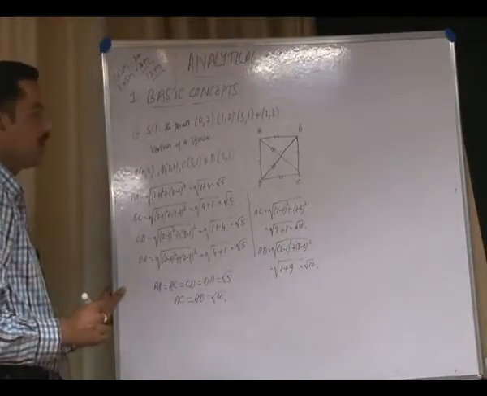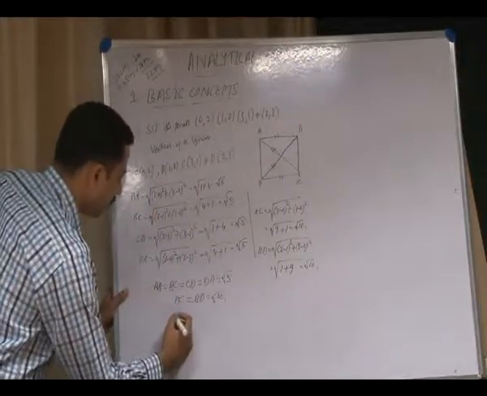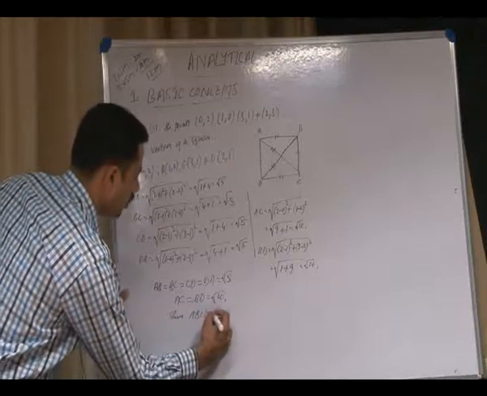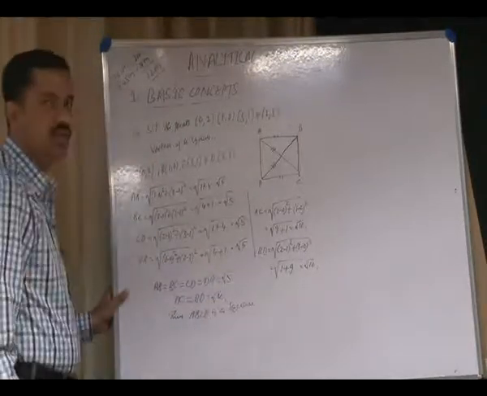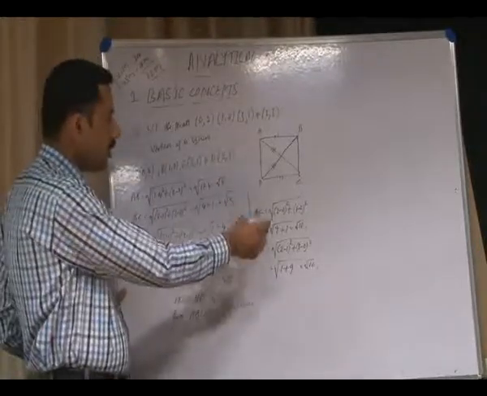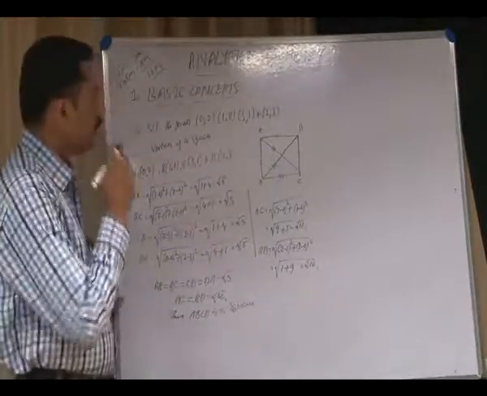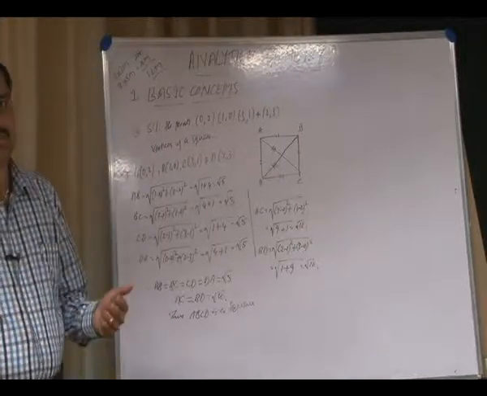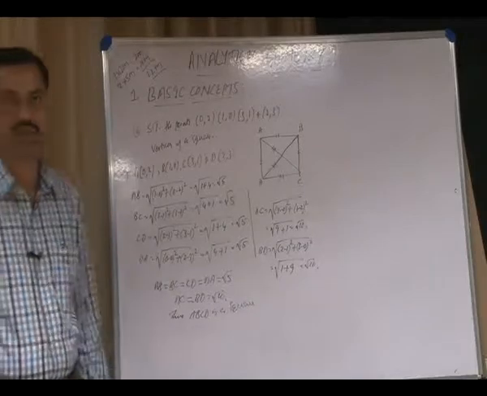So, that shows that these points are the vertices of a square, therefore, ABCD is a square. Suppose in this case, if the diagonals are not equal, then that forms a rhombus. So, like this you can prove the given points are the vertices of a parallelogram, rectangle, square or rhombus by using this distance formula.